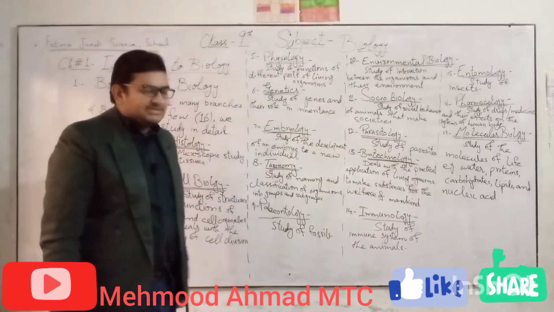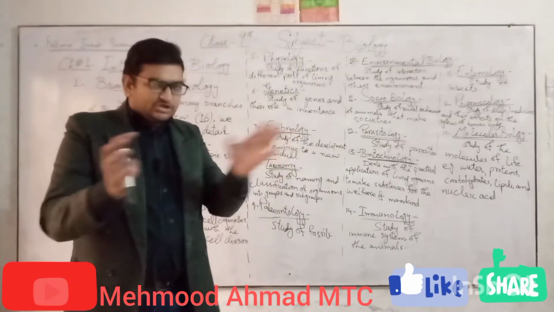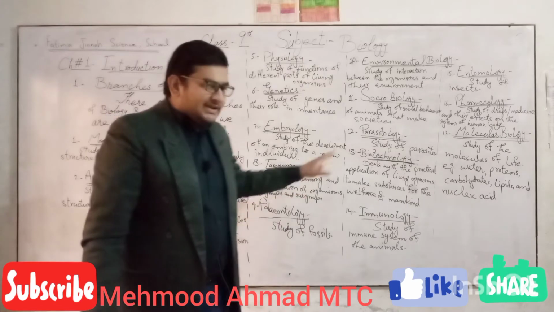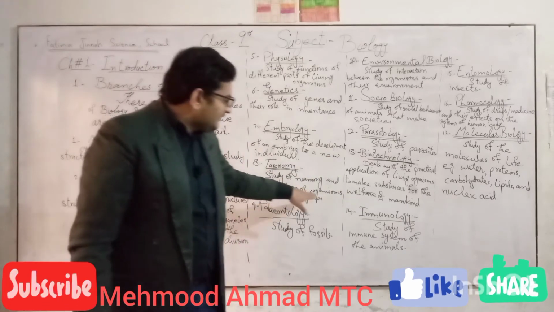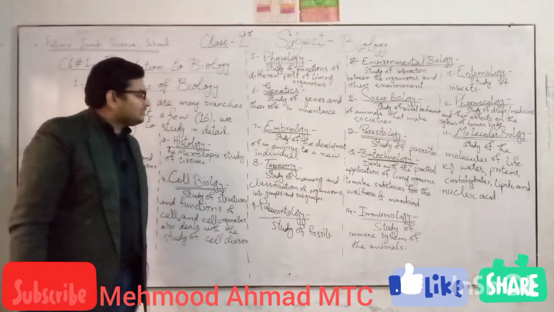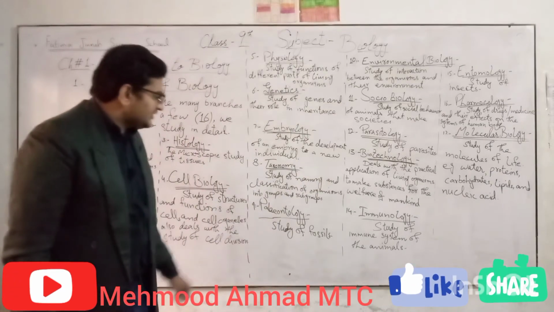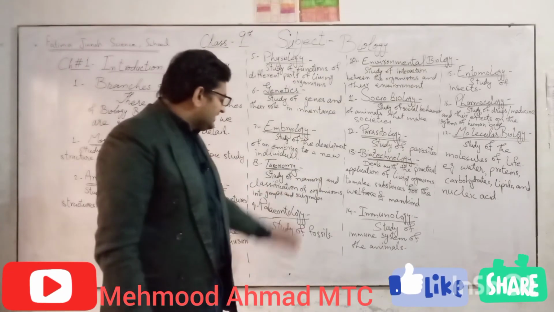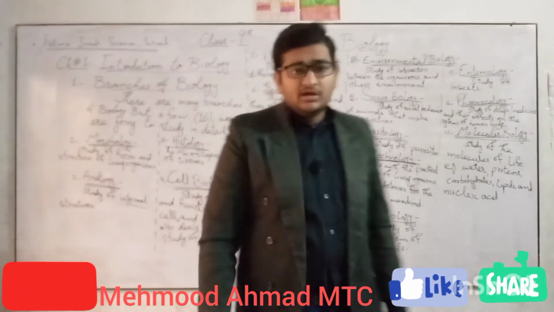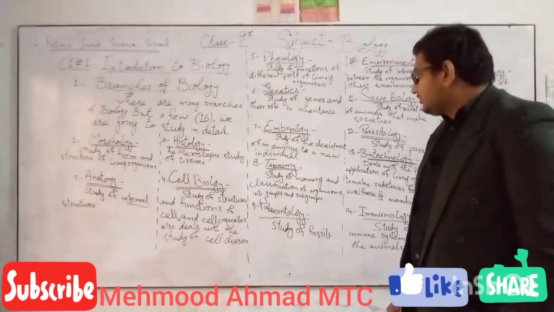Nomi means naming. Taxa means groups. So taxonomy means the study of naming and classification of organisms into groups and subgroups. Means that taxonomy is a branch of biology that deals with the study of naming and classification of organisms into groups and subgroups. I hope you have understood all these 8 branches of biology.